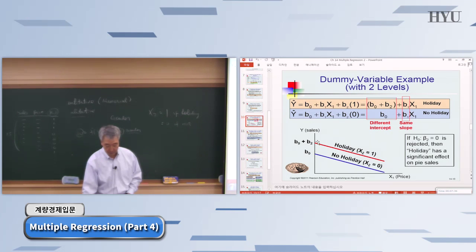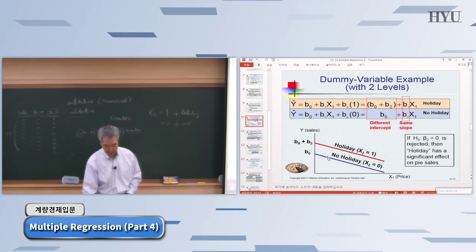But in the second case, where there was no holiday during the week, this entire B2 term disappears, so the intercept will be simply B0. The slope, B1 x1, will be the same.